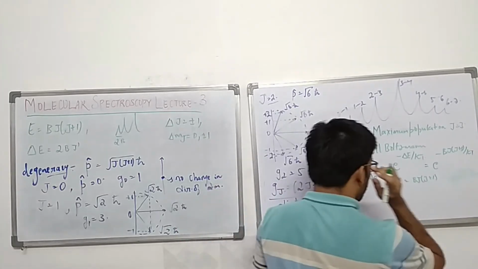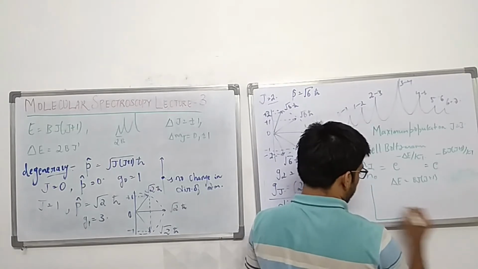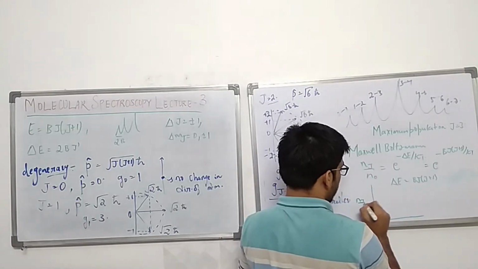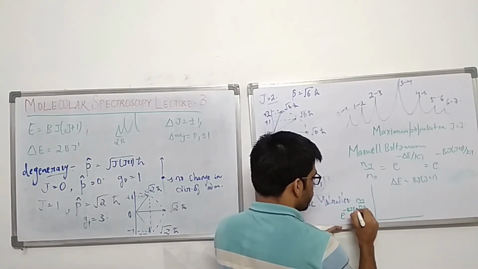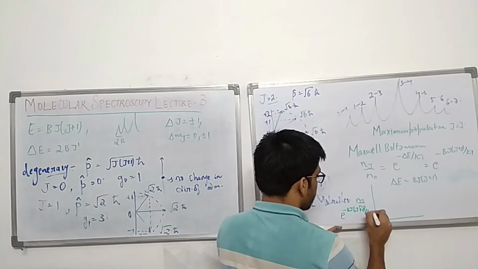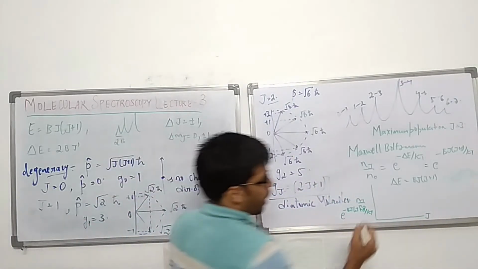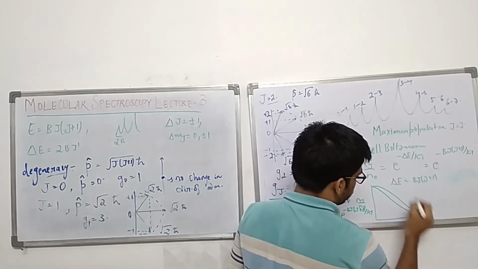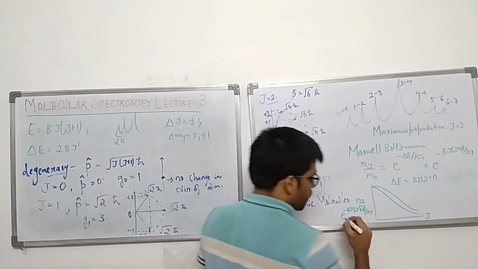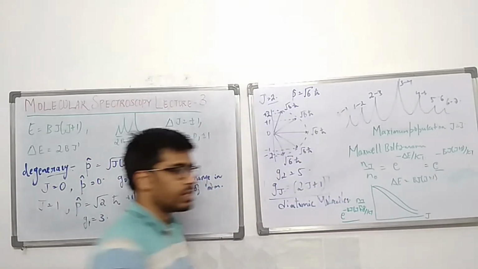Now if you plot Nj by N0, which is e to the power minus B j into j plus 1 by kT, with respect to j, you would see it to be an exponentially decreasing plot, because there is only one component in the formula and that has an exponentially decreasing nature.